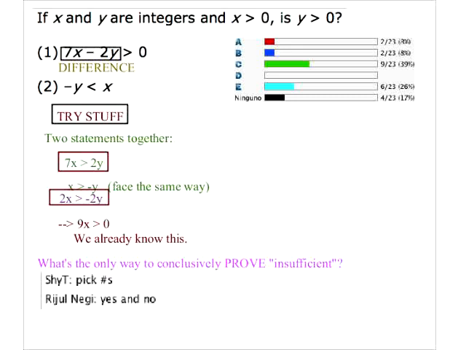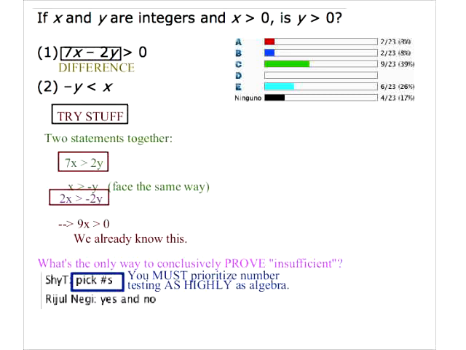This is just as important as algebra. And if your head doesn't think about it that way, you're at a severe disadvantage on these problems. Like, you must prioritize number testing as highly as algebra. Because, I mean, that's the only way you can prove that something is insufficient.